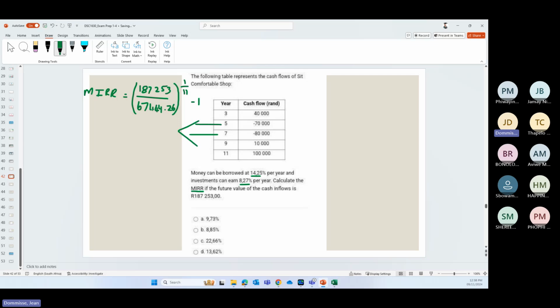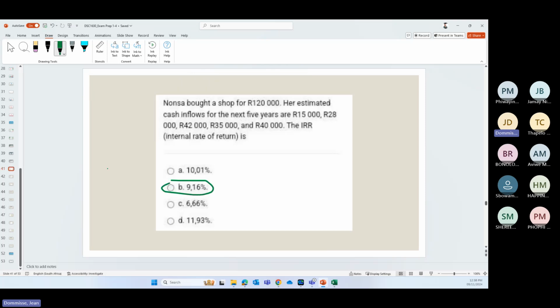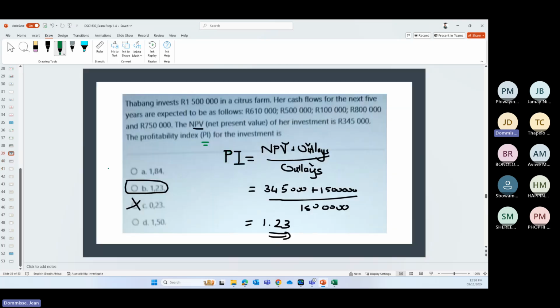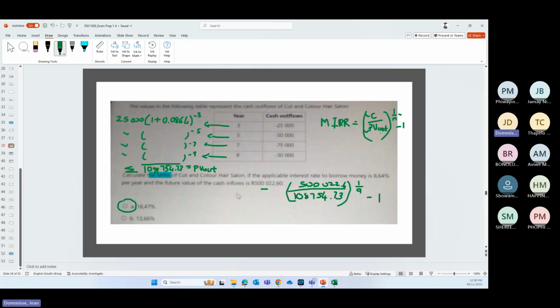But this is if you wanted to change those two to present values, add the two present values, and use it as PV out. You've got your investment component, your cash inflows. You can also use that MIRR formula like we did in that previous one, where we did this component.